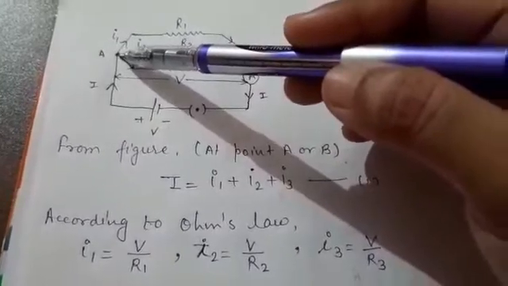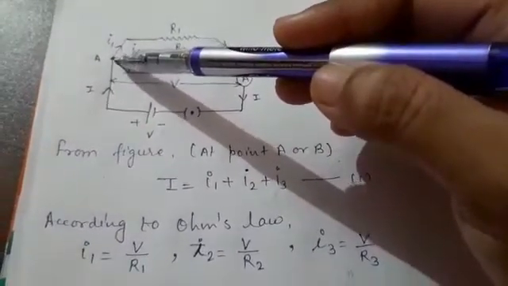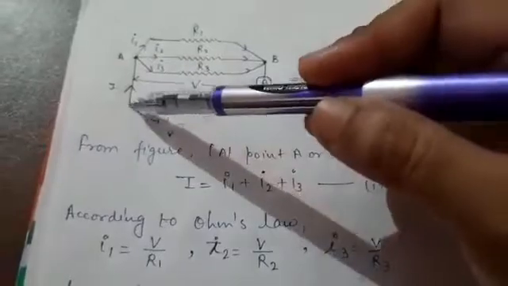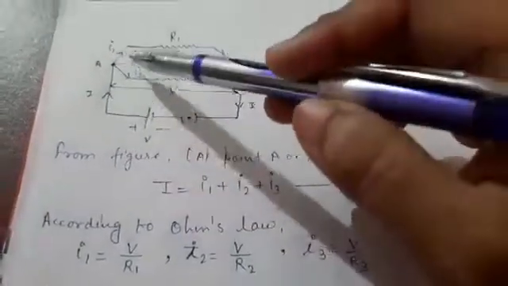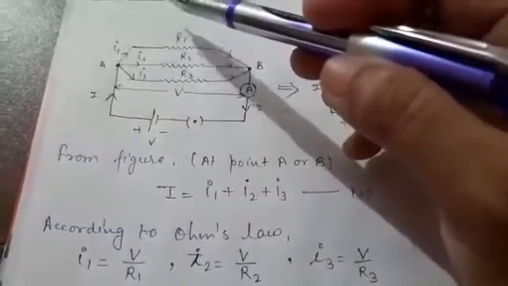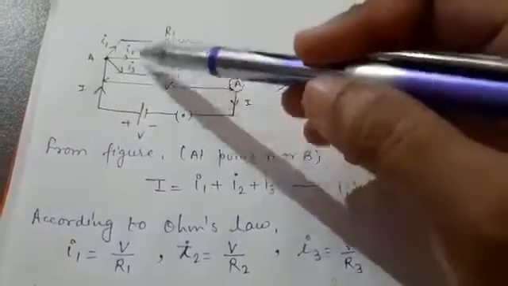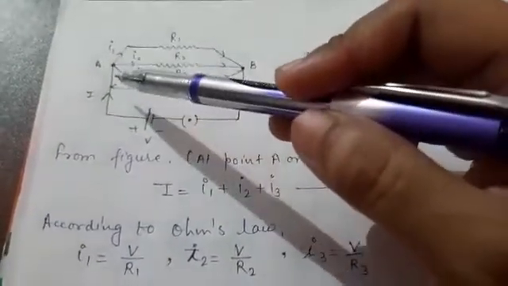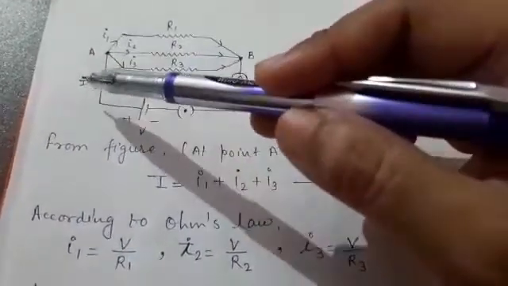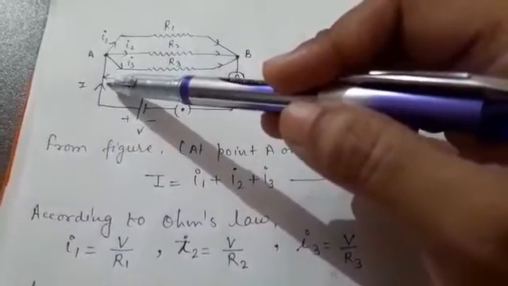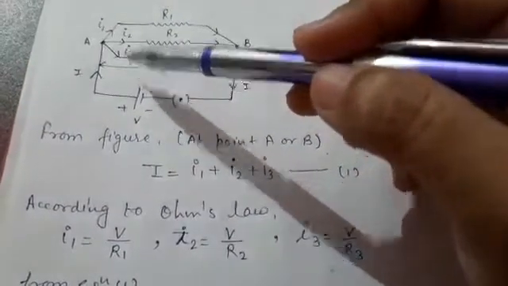In electricity, these points are called junction. So when current reaches at point A, there will be 3 paths of current. So current will divide according to the value of resistance, and it will flow in each branch. So this I will divide into 3 parts: I1, I2 and I3.